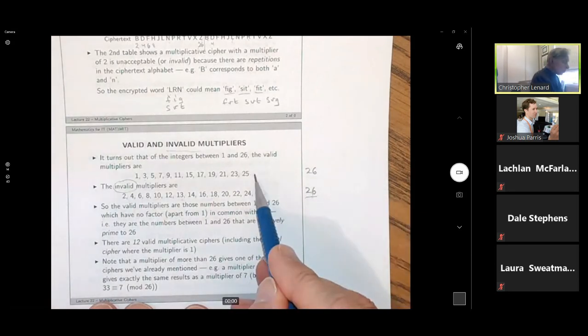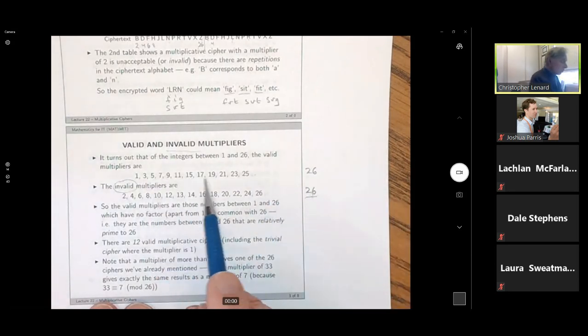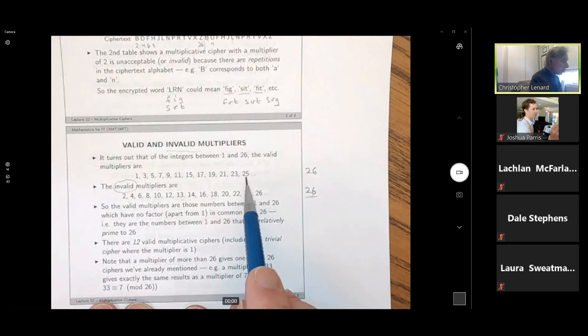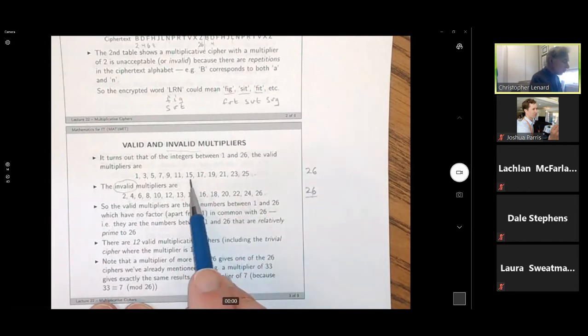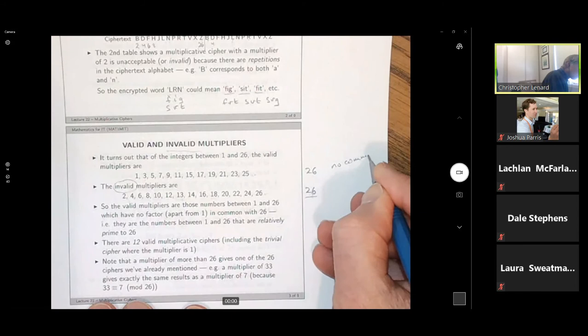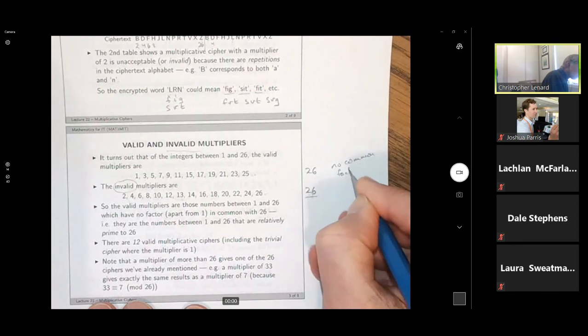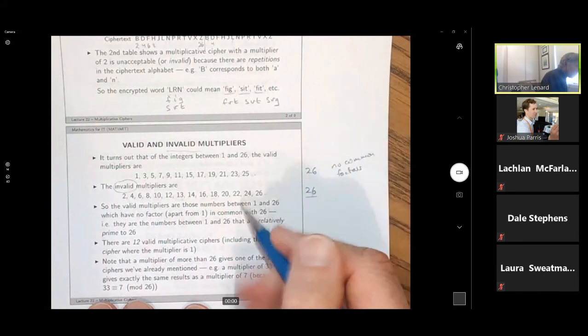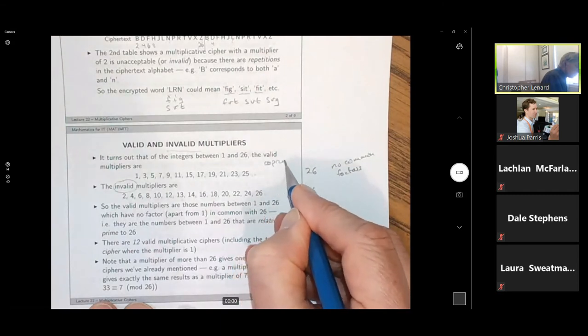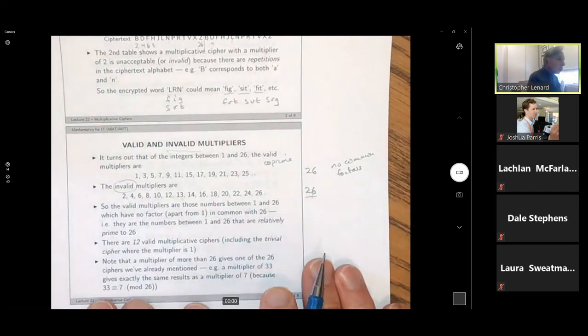These ones, 1, 3, 5, 7, have no common factors with 26. So there's no number that goes into 25 and into 26. There's no number that goes into 15 and 26. Remember, we talked about these being technically co-prime.